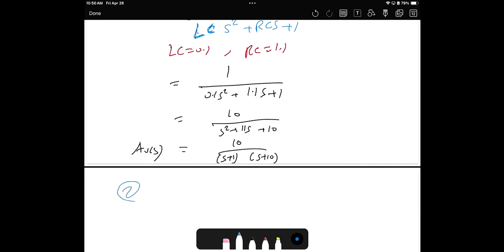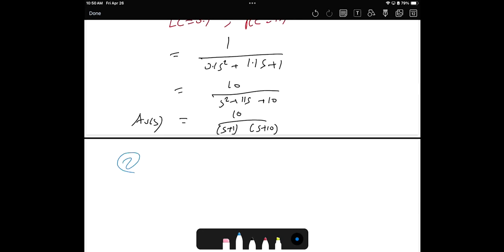Question number 2, we need to find the Bode plots. To find the Bode plots, basically, we need to substitute S equals j omega. So this will yield A_V of omega to be 10 over j omega plus 1 times j omega plus 10.